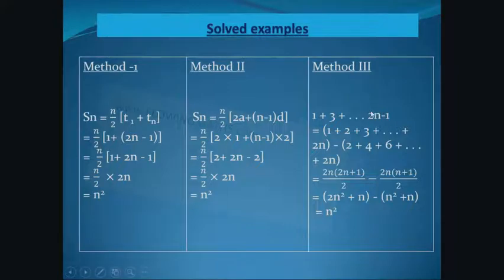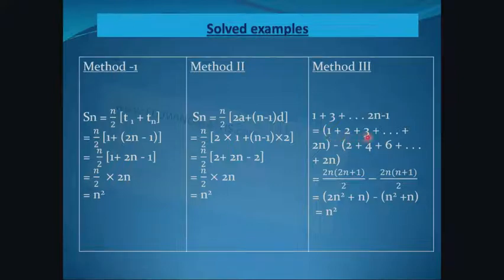Method 3. 1 plus 3 plus up to 2n minus 1. Here 1, 2, 3 till 2n will be the series of all the numbers, and you subtract the sum of the even numbers.